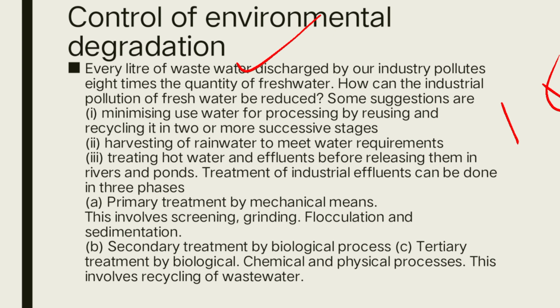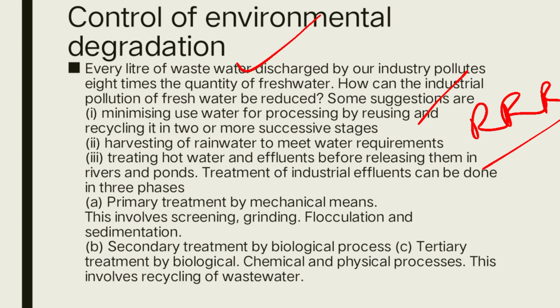Here some suggestions are there. What are the suggestions? Number 1, minimize the use of water by reduce, reuse, and recycle. The three R's. When we cannot reduce, we can do two successive stages.